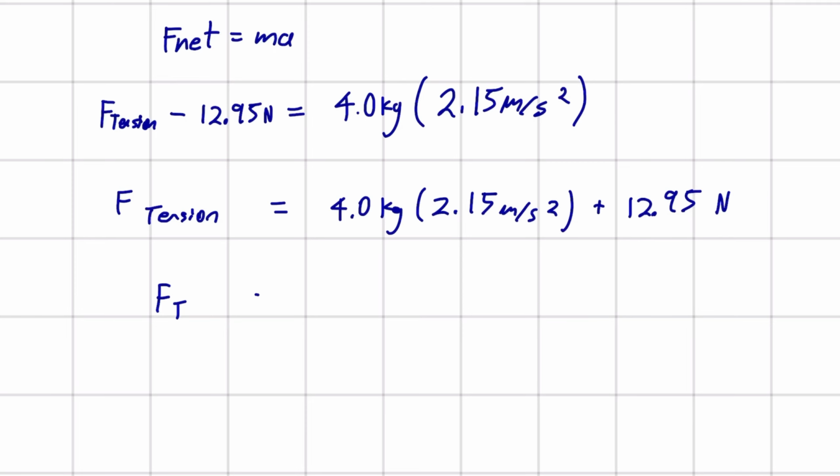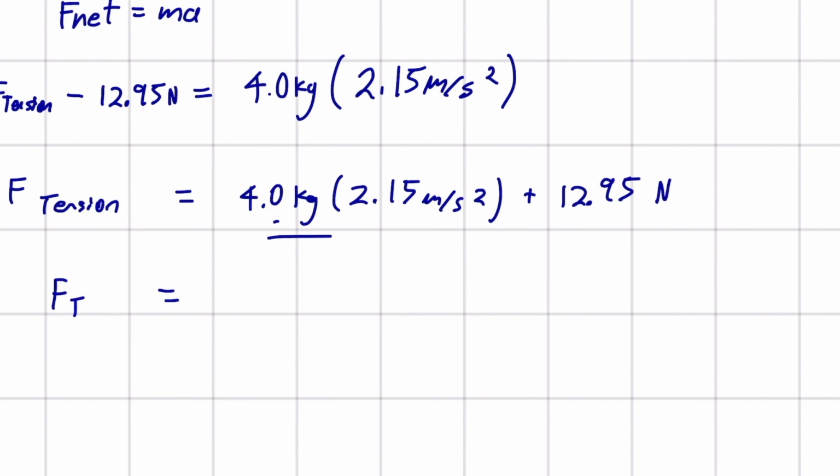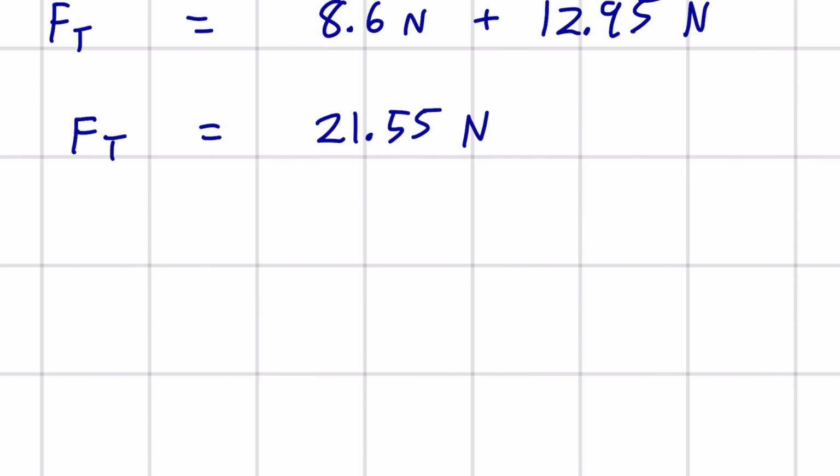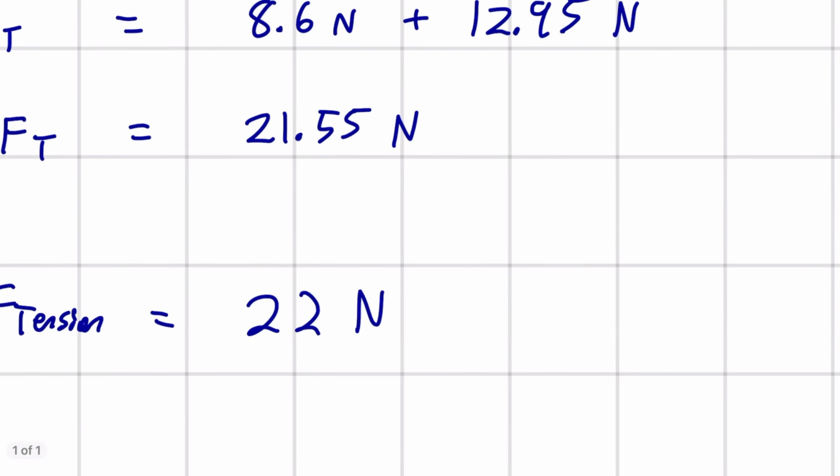And then all we have to do is add these up. First, I'm just going to multiply these two together. Get 8.6 newtons plus 12.95 newtons. And that gives us Ft is equal to 21.55 newtons. So F tension is equal to, and I'm going to round this just to 22, 22 newtons in the third string.